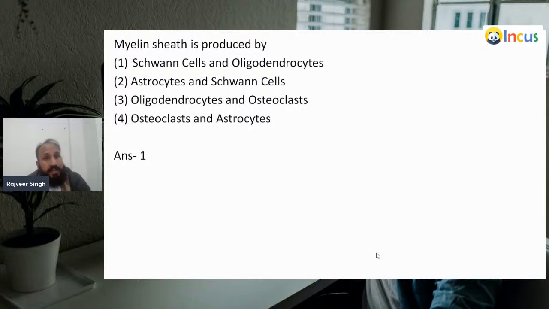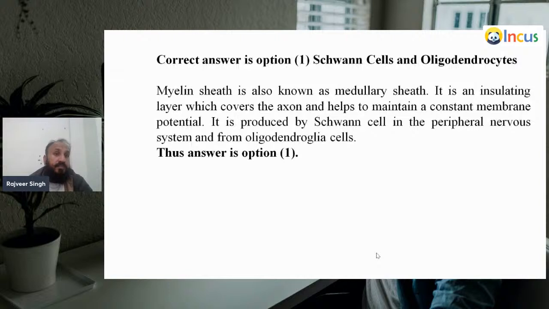Next, the myelin sheath is produced by: Schwann cells and oligodendrocytes; astrocytes and Schwann cells; oligodendrocytes, osteocytes; or osteoclasts and astrocytes. The answer will be the first. Schwann cells and oligodendrocytes produce the myelin sheath. The myelin sheath is also known as the medullary sheath.